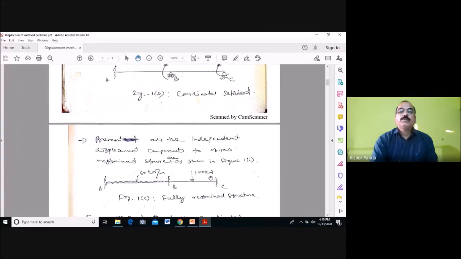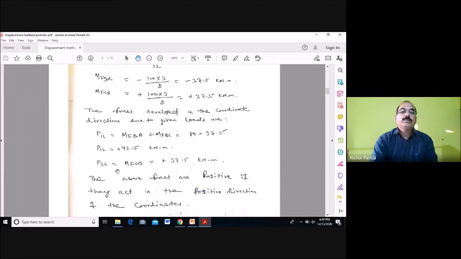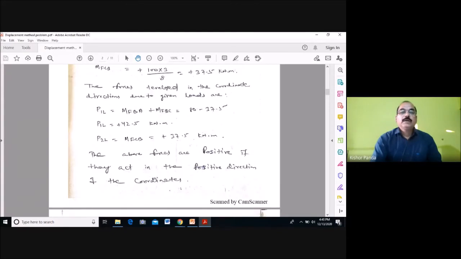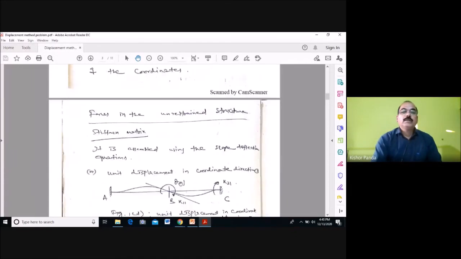You can denote these as P1L and P2L, or P1 dash and P2 dash, because they are due to the external loading. The above forces are positive if they act in the positive direction of the coordinate, and here they are acting in the positive direction of the coordinate.